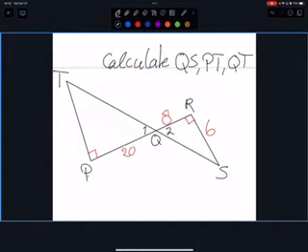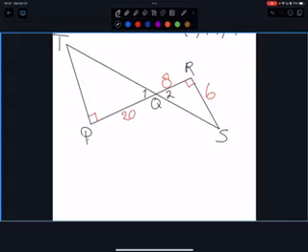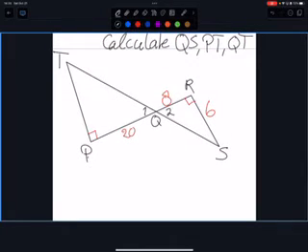Calculate QS, PT and QT. So the first step, which length represents which length?